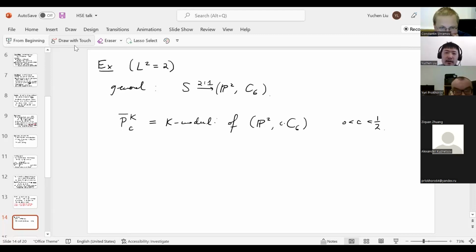This is again joint work with Ascher and Fleming in 19. What we show is if c is less than 1/4, then you just get GIT.